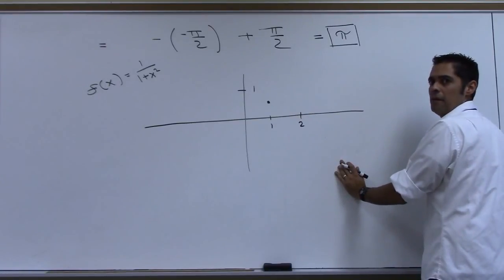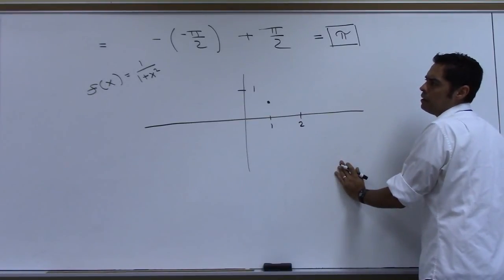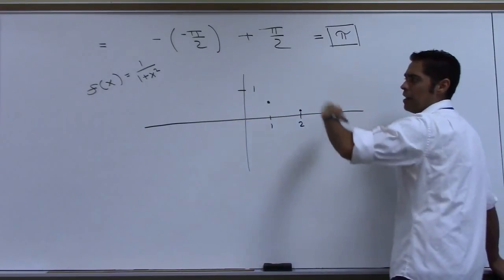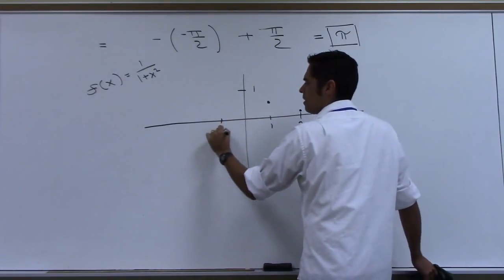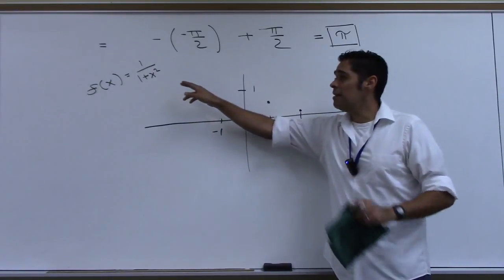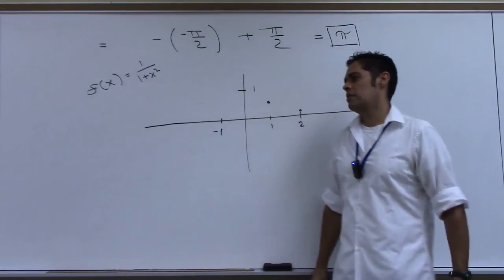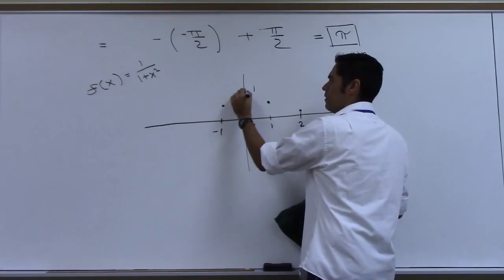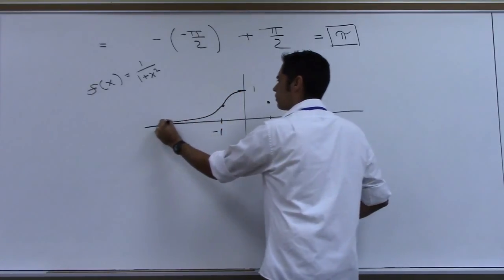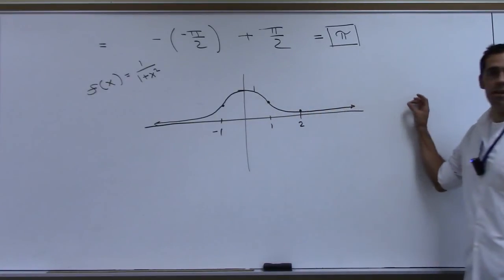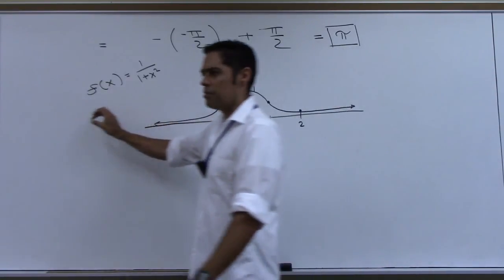It's going to get smaller, right? 1/5? Smaller? Yes? And then the other side would be the exact same thing. In fact, it would be a mirror image because this is an even function. But also, you could just check test numbers. So if you were to graph this, it would look like this. It would asymptotically approach 0 on each end, getting closer and closer to 0.